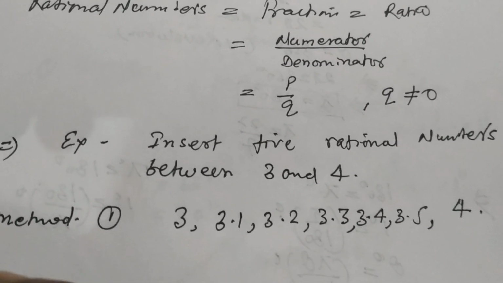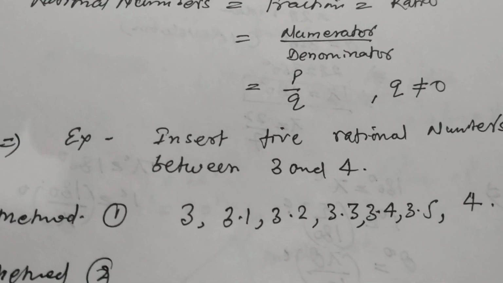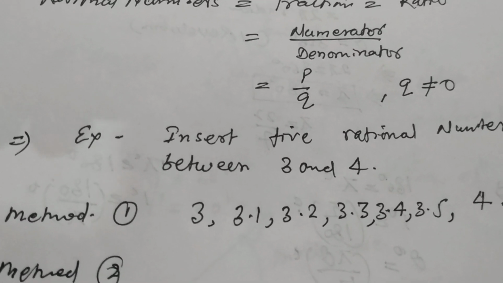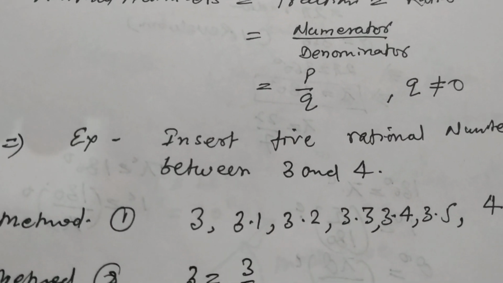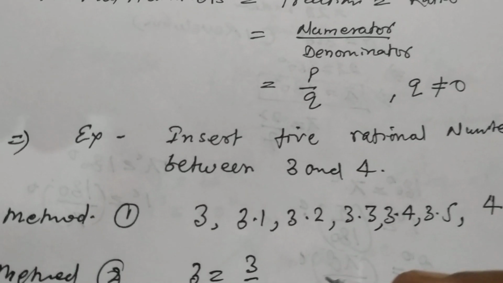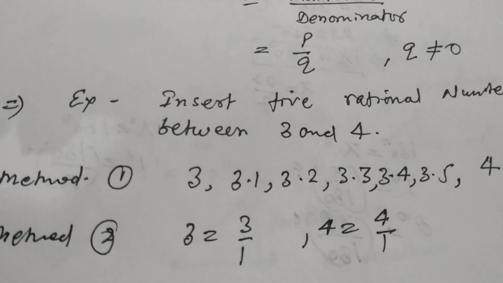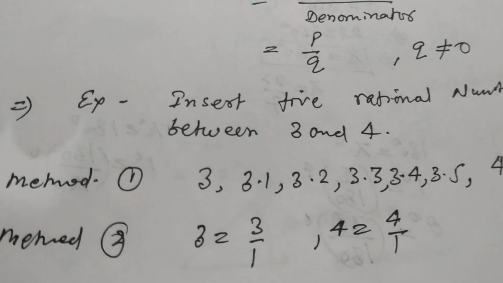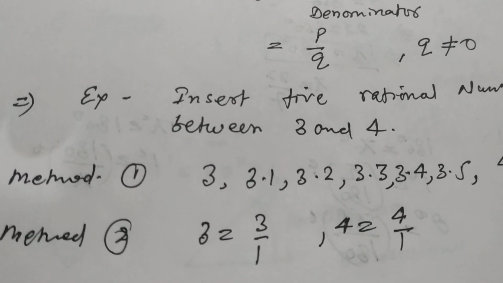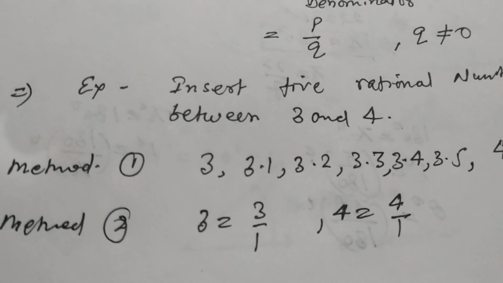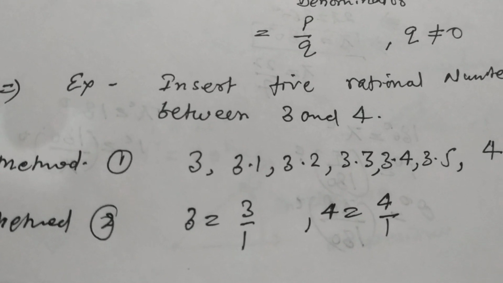Second method, number 2: just write it in the form of fractions. That is 3 is equal to 3 upon 1 and 4 is equal to 4 upon 1. Now we need to insert 5 rational numbers. So look at these fractions, 3 upon 1 and 4 upon 1.